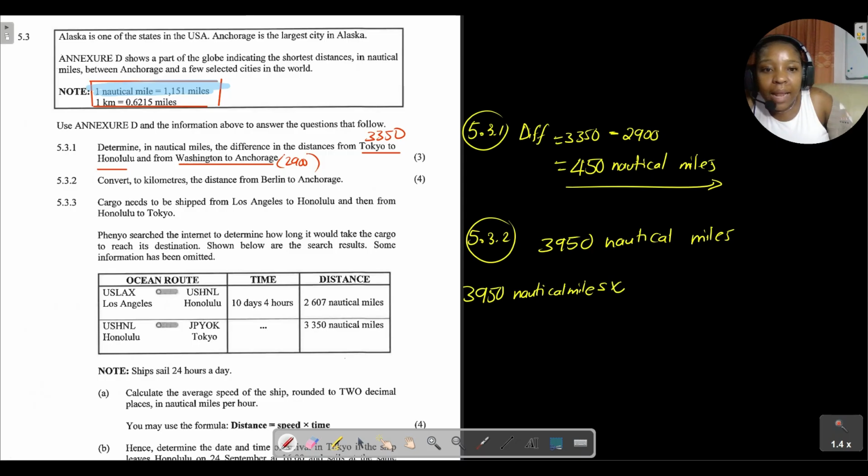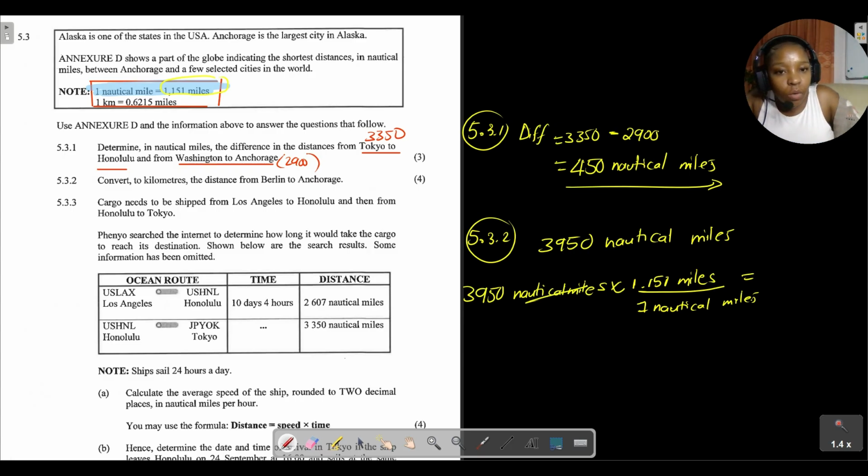Multiply by what we want. I want to first convert to miles, so I'm going to multiply by what I want, which is 1.151 miles, divided by what I have, 1 nautical mile. Do you see that the nautical miles cancel? Whatever answer I get will be in miles.